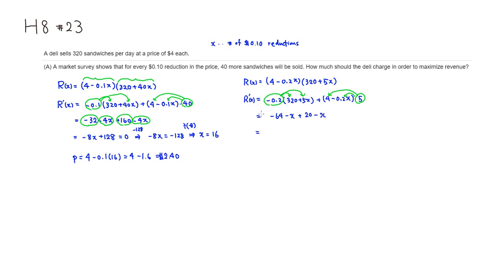So negative 64 plus 20 is negative 44, minus 2x.